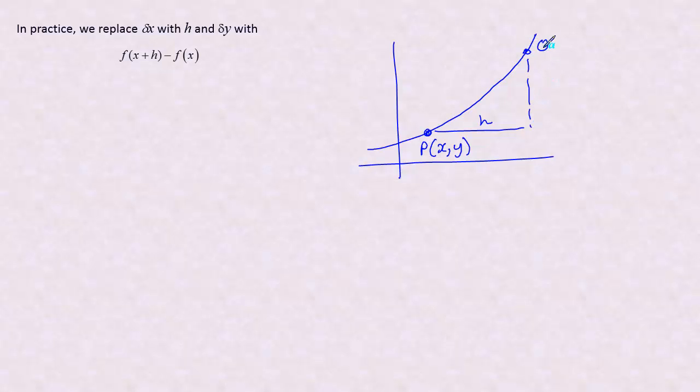So this is the point Q, and the x coordinate here is x plus h, and the y coordinate there will be f evaluated at x plus h, just like the y down here would be the function evaluated at x. So we can see the difference in the y coordinates is f of x plus h, take away f of x, which we have just here.